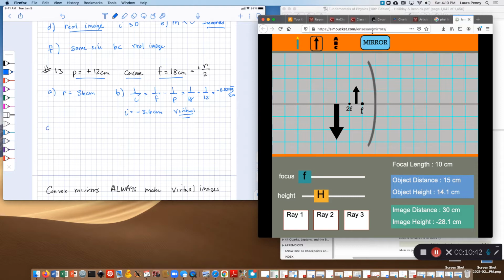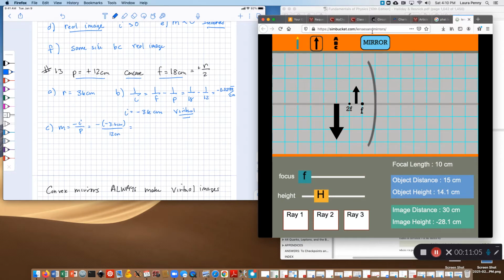C, our magnification is negative I over P, so negative 3.6 centimeters over 12 centimeters. Oh, 36, sorry, that's 36 here. Pardon me, guys, it's 36.